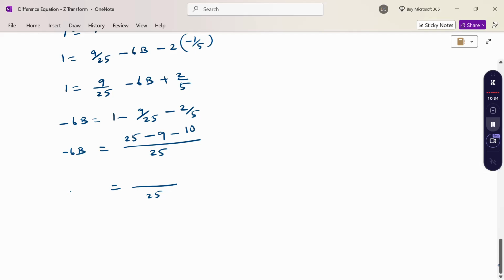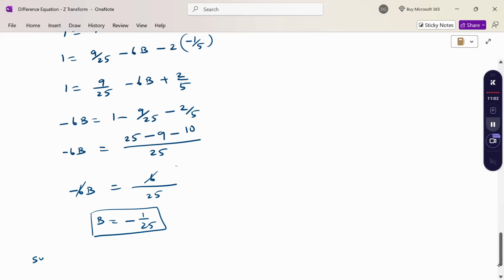So this is -6b, so 6/25 = 6b, so this 6 will cancel, therefore b = -1/25.